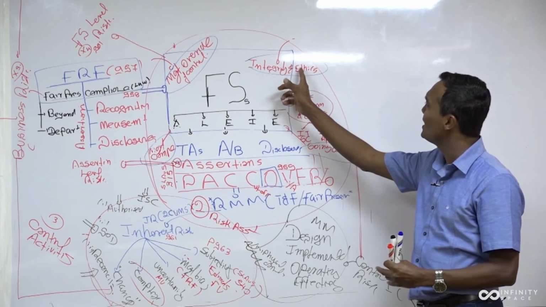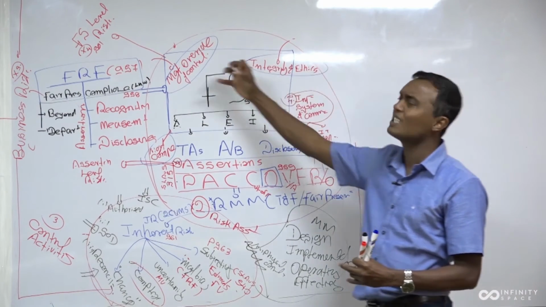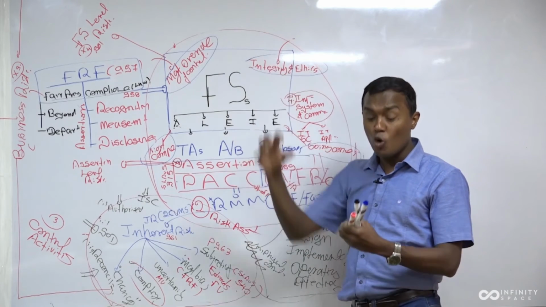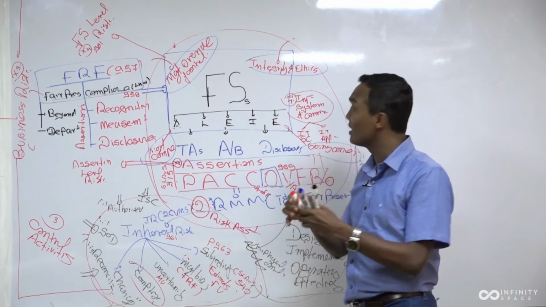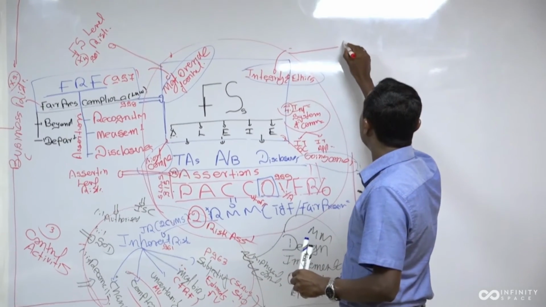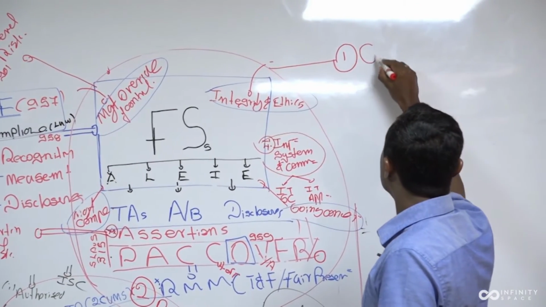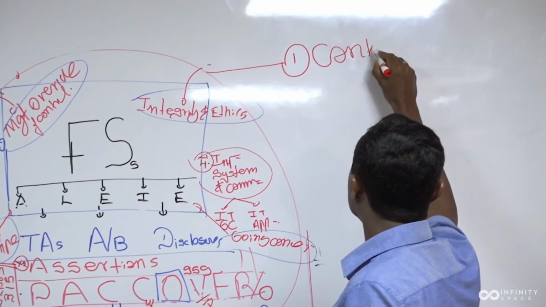Were there corrupted people or true leaders in the business? That overarching thing in internal control is number one, a very examinable topic, and I am writing the full word here: control environment.